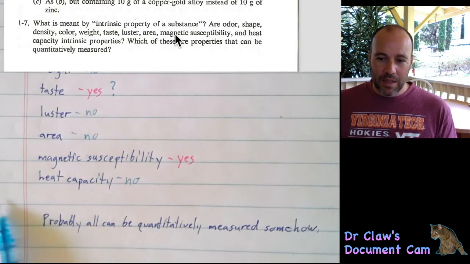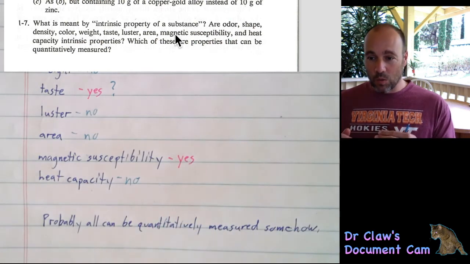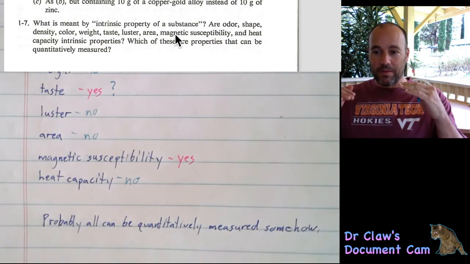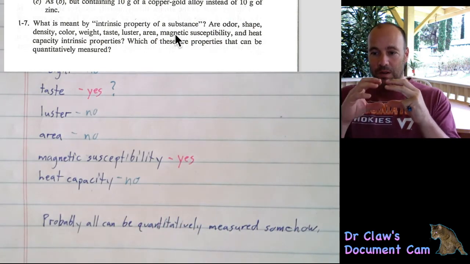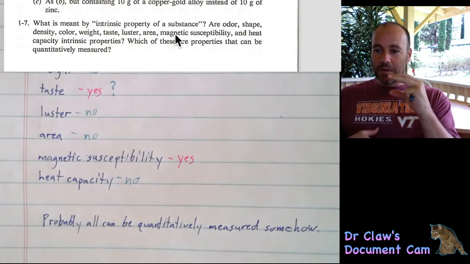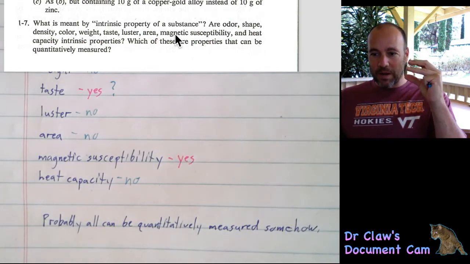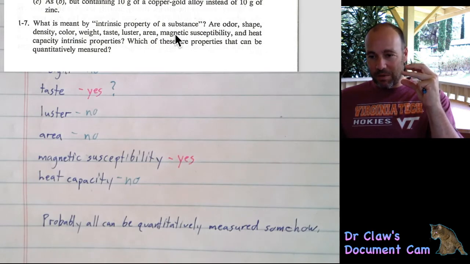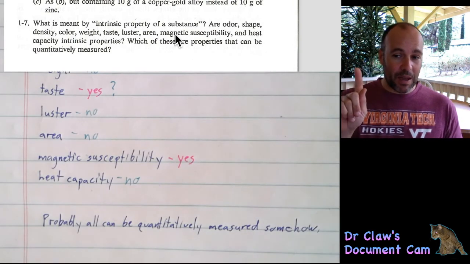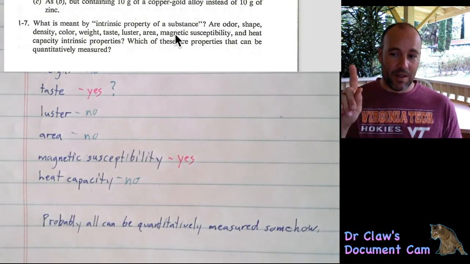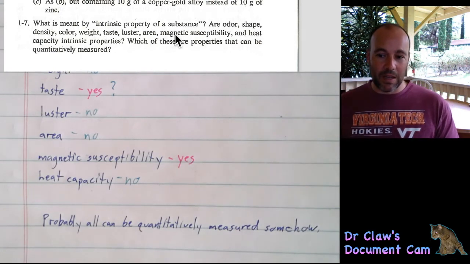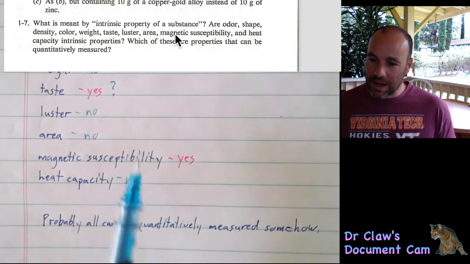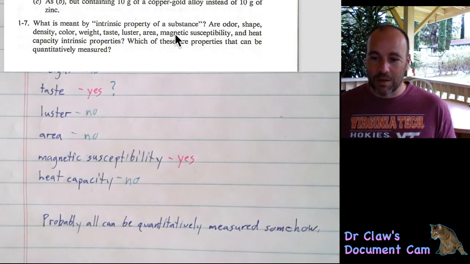Now, heat capacity is the amount of energy it takes to warm a system up. Okay, if you cut the system in half, it'll only take you half as much energy to warm it up. So it's not an intrinsic property. Specific heat capacity is. Okay, there is a difference between specific heat capacity and heat capacity, but heat capacity is not intrinsic. It does depend on how much you have.